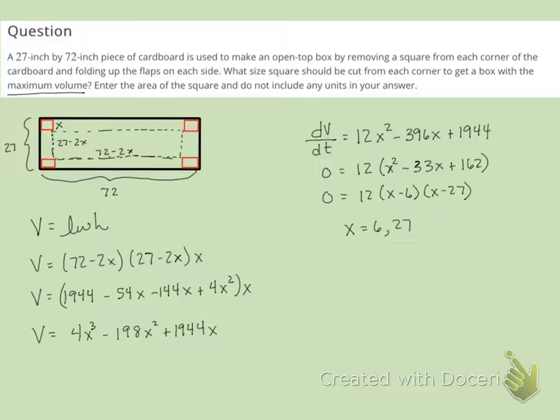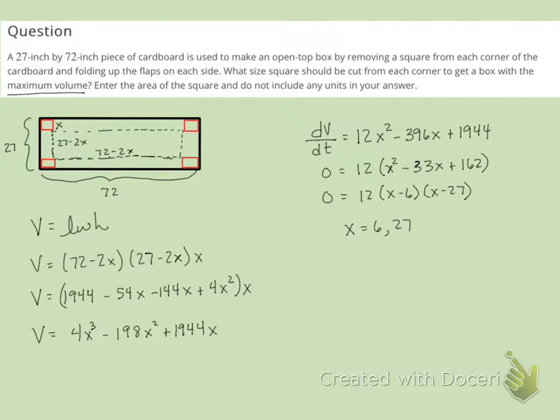But I want to go back to the box here, and I want to note that if this full length here is 27, and I'm cutting out two squares of length x, the biggest that x could be is 13.5.